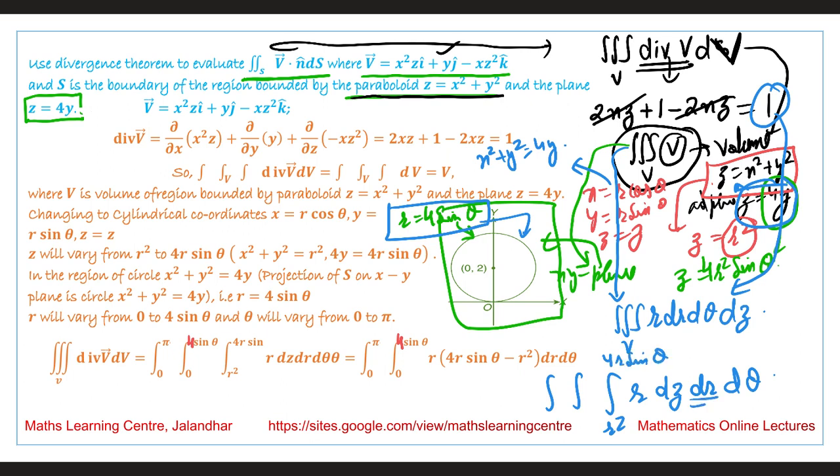Then r is varying from 0 to 4 sin theta. And theta, for a complete circle, varies from 0 to pi. So we have to evaluate this integral.